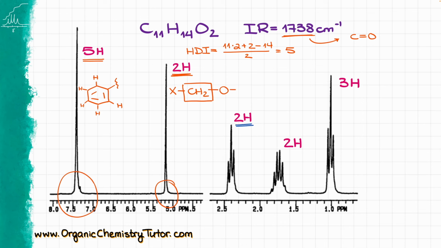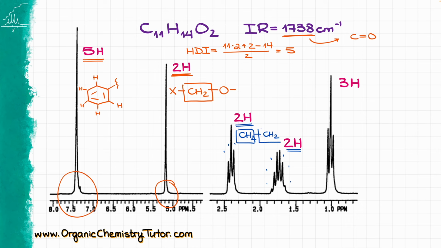Next, I have CH2, 2 hydrogens over here, which is a triplet, so that is going to be a CH2 sitting next to another CH2. Then I have 2 hydrogens, that is 1, 2, 3, 4, 5, 6. That is a sextet, which means that we have 5 neighbors for that one. The only way we can have 5 neighbors is if that CH2 is sandwiched in between the CH2 and CH3.